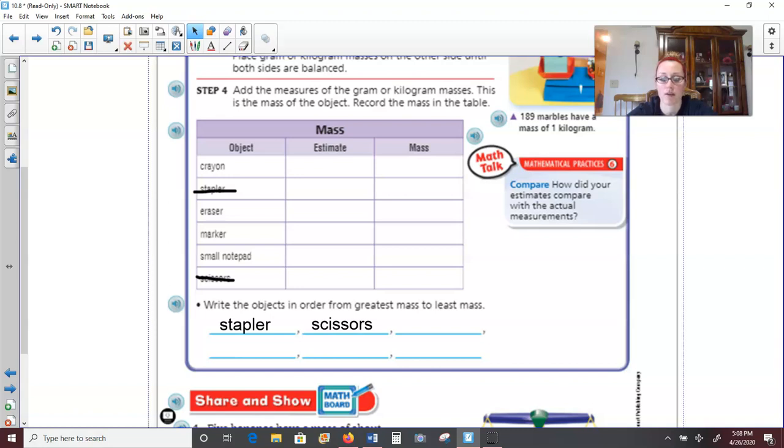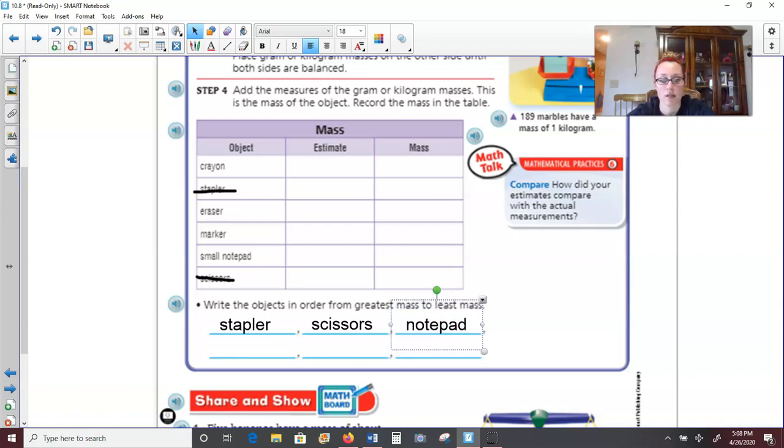I'm thinking now the notepad would probably come next. You know, it's got some paper in it. So after the notepad, what do you think? A crayon, an eraser, or a marker? I'm thinking probably the marker, because typically markers are bigger than crayons.